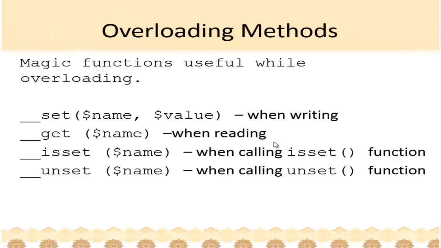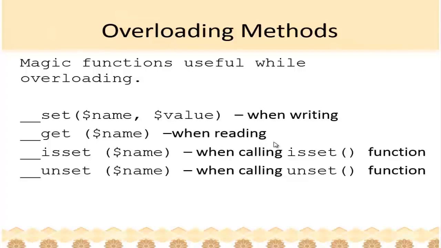These are the magic methods that we usually use. We use the getter and setter, and we use isset and unset. isset is used to verify whether something is there or not. Remember, this is the same as the isset function that we are using. This is the magic method within your class, underscore underscore isset and underscore underscore unset.